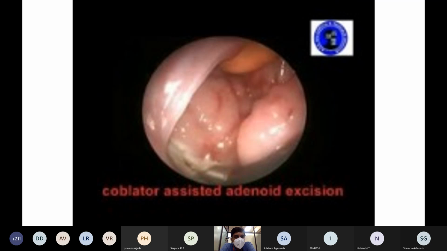Now the wand is introduced and coablation is initiated starting from the lower border of the adenoid mass. The wand is used to detach the adenoid mass from its attachment, and the whole adenoid is removed in toto.